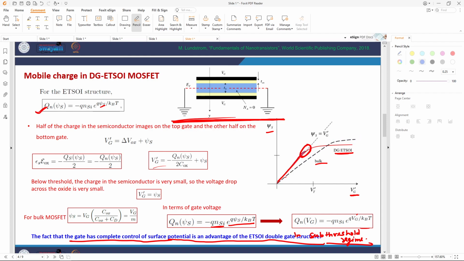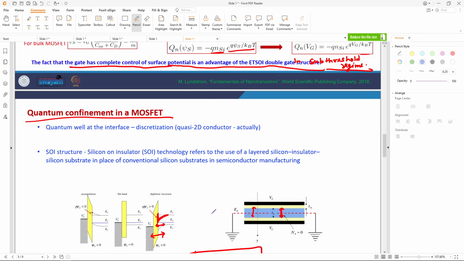But here it will follow it very closely, and when the critical amount of charge has been accumulated, it will reach this point and become a constant voltage. So the gate has better control over the surface voltage. Is that clear? In fact, the gate has complete control over the surface potential. It's an advantage in the subthreshold regime. That is one of the key advantages of this device.